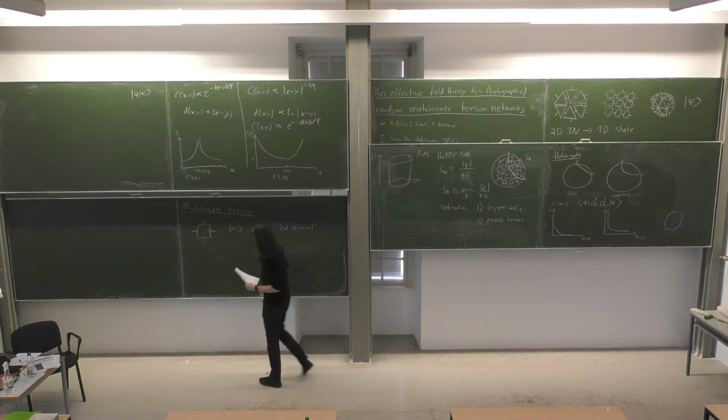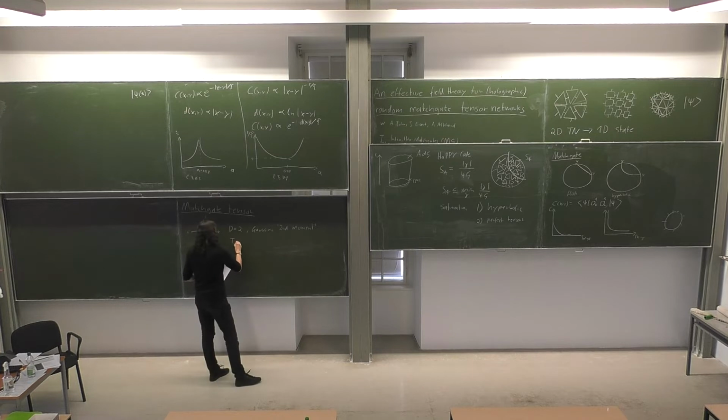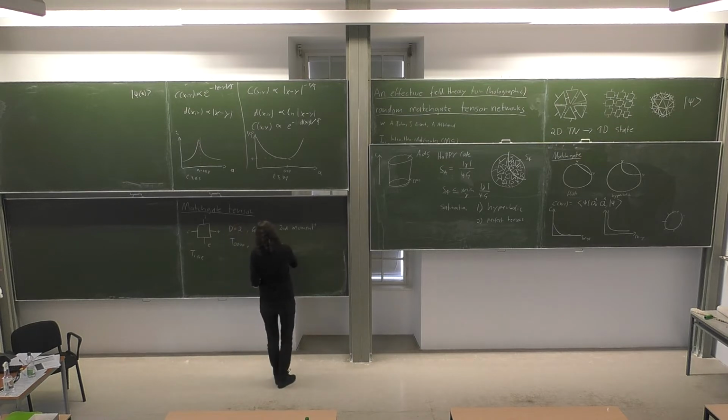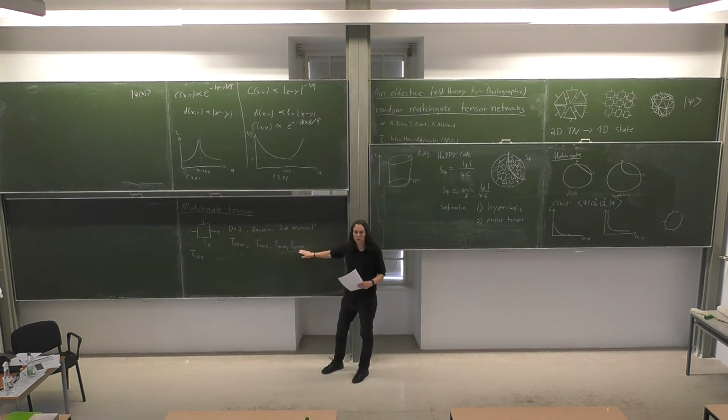What I mean by this is that instead of specifying all T_ijkl in this case, it is sufficient to specify the zeroth moment and then the second moment, which are just the configurations with 2 occupied points.